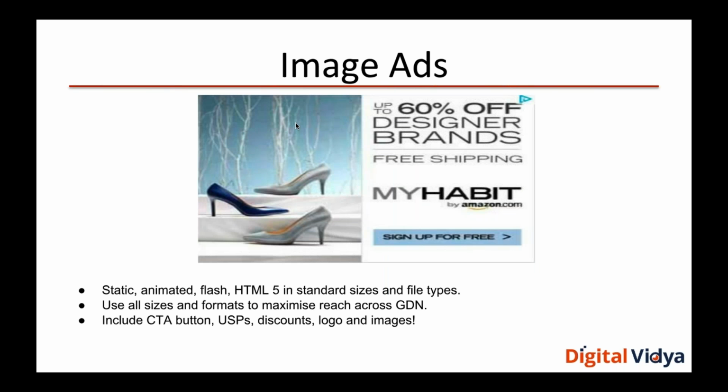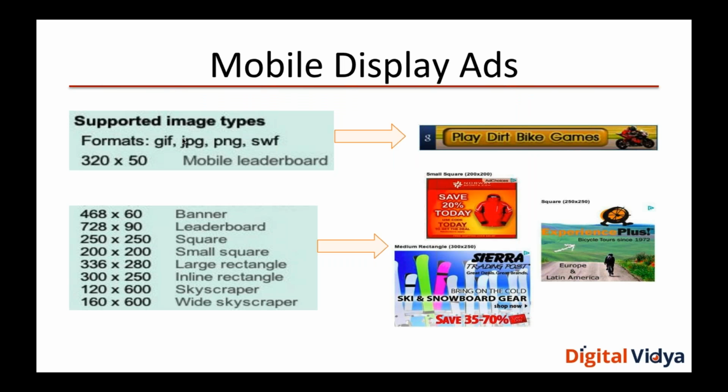Image ads, very common. They can be in the form of static images, animations, flash formats, HTML images, all these things. So image ads are very commonly seen all over websites and mobile apps. I hope this is clear. Can I proceed? Then you have certain ads which are customized for the mobile screen.